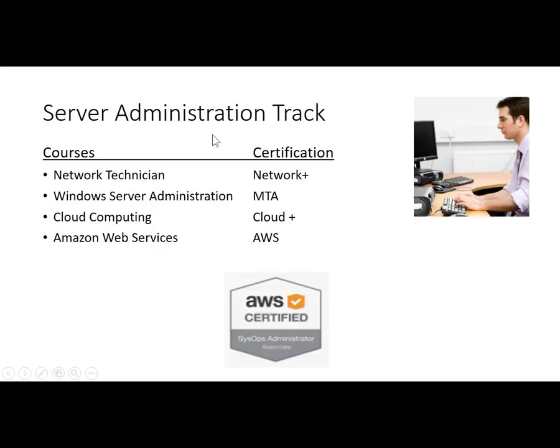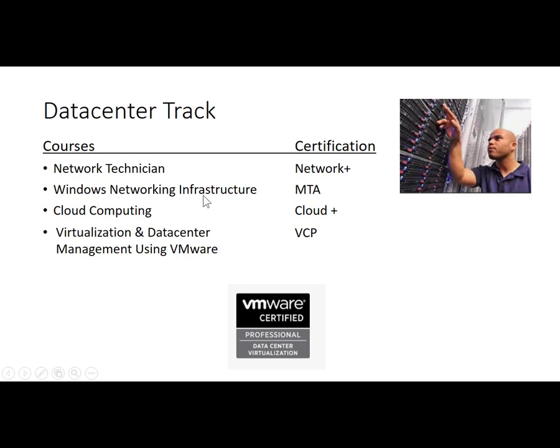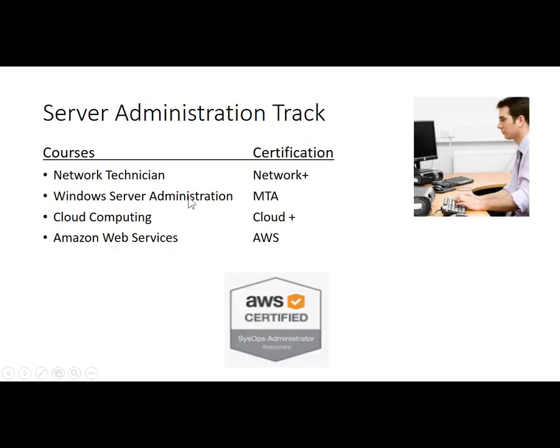And then the second track is the server administration track. The guy who sits at the customer site but who manipulates the servers, which are at Amazon Web Services. The courses he takes are Network Technician, which corresponds to the Network Plus certification. Windows Server Administration, that's like Windows Network Infrastructure, but a little different, and that corresponds to the Microsoft Technical Associate certification.